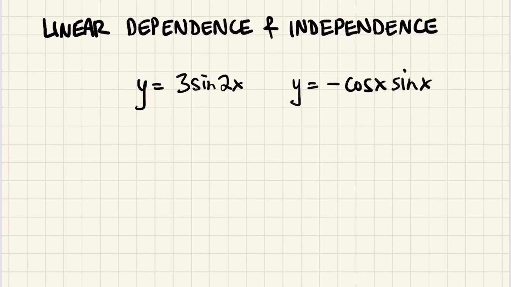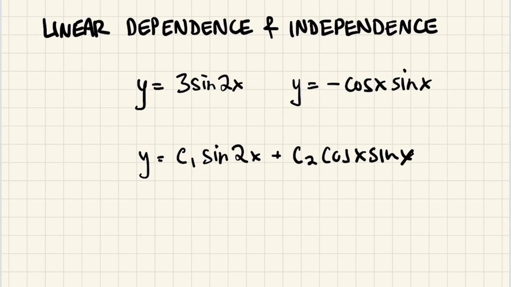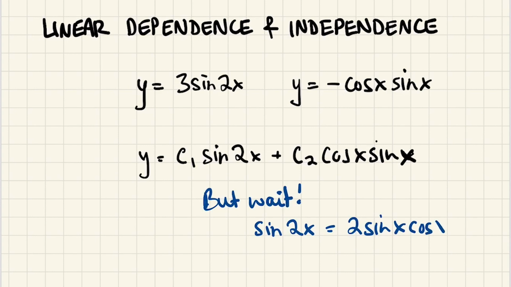So again, applying the superposition principle, a person might think, okay, well then a constant times sine of 2x plus some other constant times cosine of x sine of x gives a more general family of solutions. This is true, except that sine of 2x itself is a multiple of cosine x sine x, right? We know that in fact sine of 2x is 2 sine x cosine x.